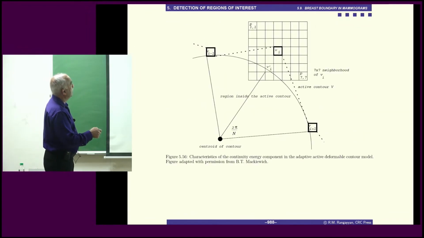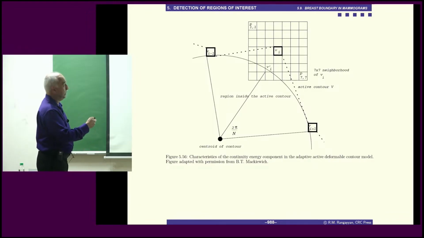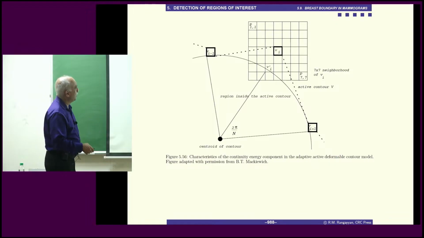So these are the points on the contour, and we take a neighborhood, a 7 by 7 neighborhood around this Vi. These are the 3 points on the contour that is input to this algorithm. This is the region inside the contour, and that is outside. The active contour, now we are considering movement of that point. Where should that be located or relocated?